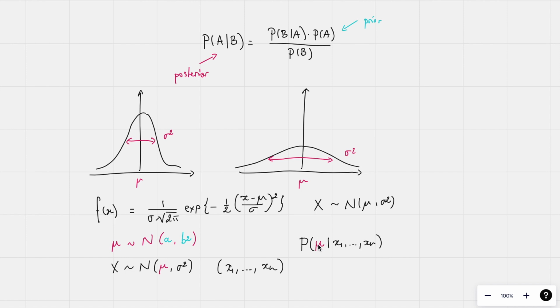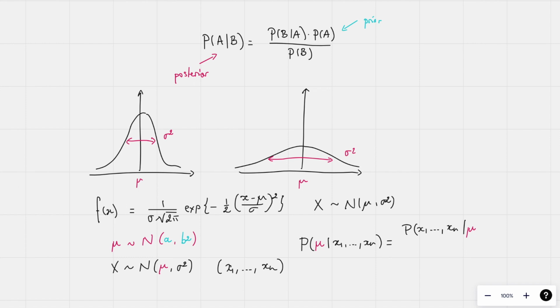We are interested in knowing the distribution of mu after we have observed the x, and we can use the Bayes formula to say that for this we need to compute the probability of x1 to xn given mu.